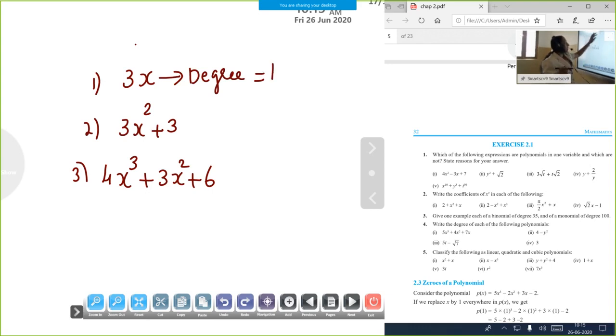If the polynomial's degree is 1, it is known as a linear polynomial.